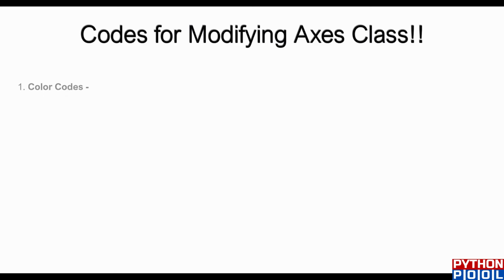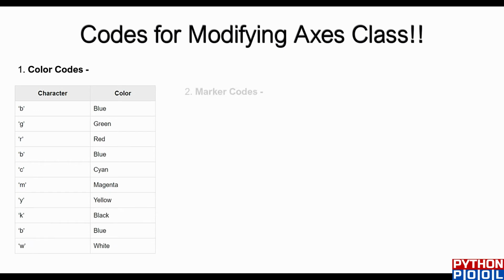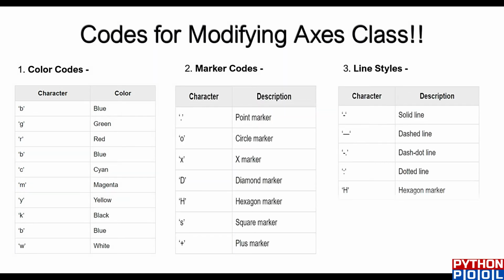Now there are certain codes for modifying the Axes class, whether it is a color code, the marker code, or the line style. In the color codes, there are codes which define which color of graph I want, if I want my graph to be blue or green, as per my choice. And there are also the marker codes, as we saw earlier in the pie plot.